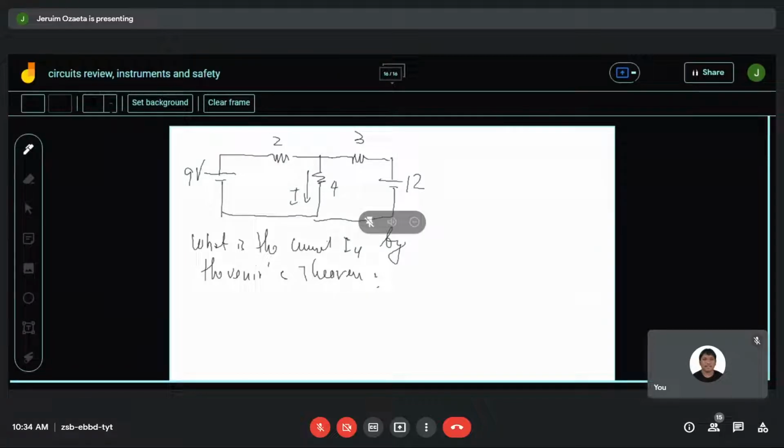But by solving it with Thevenin's theorem, 7.52 amperes, sir. If you compare it by Kirchhoff's law, Maxwell's equation, you can check the accuracy, hoping that if the analysis is correct, the result will be the same.